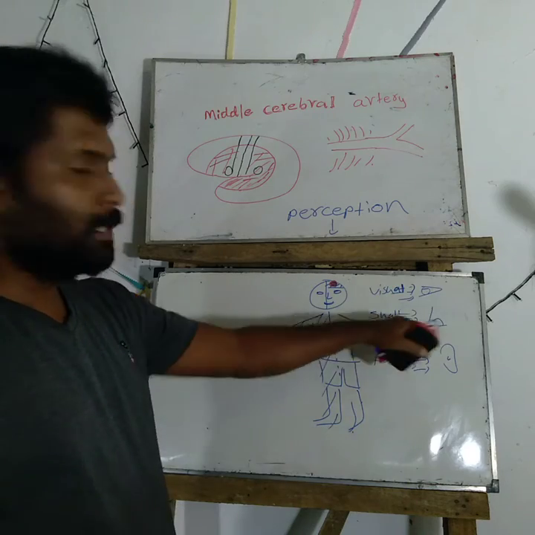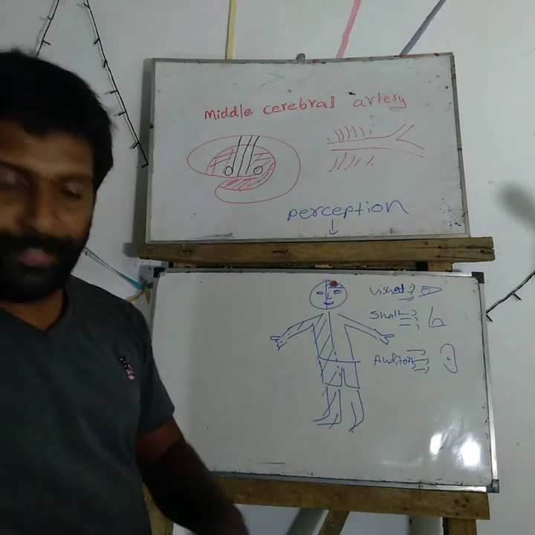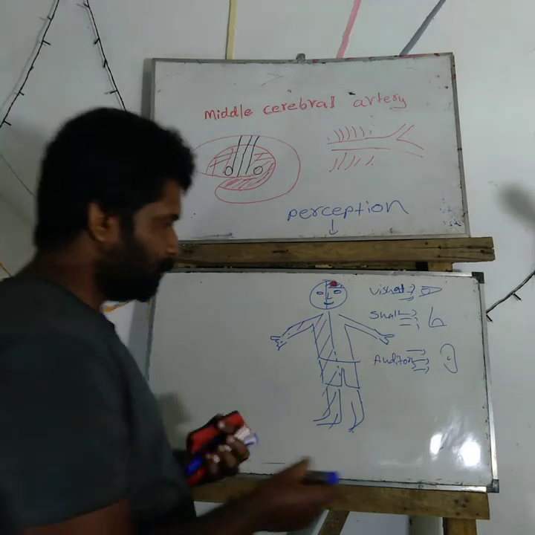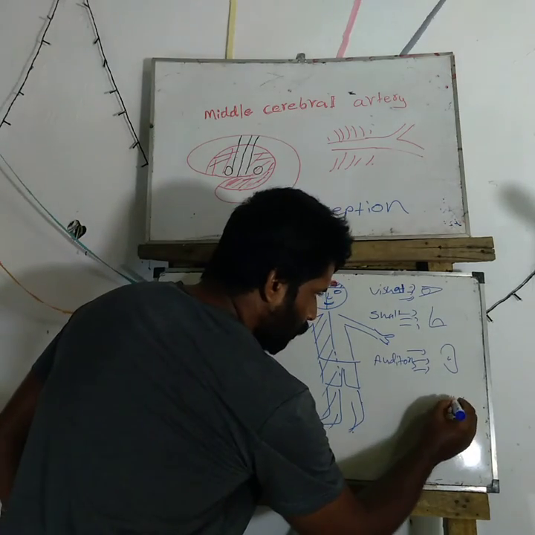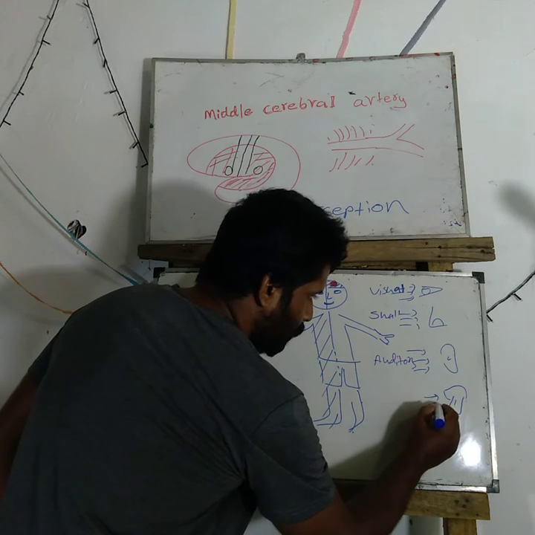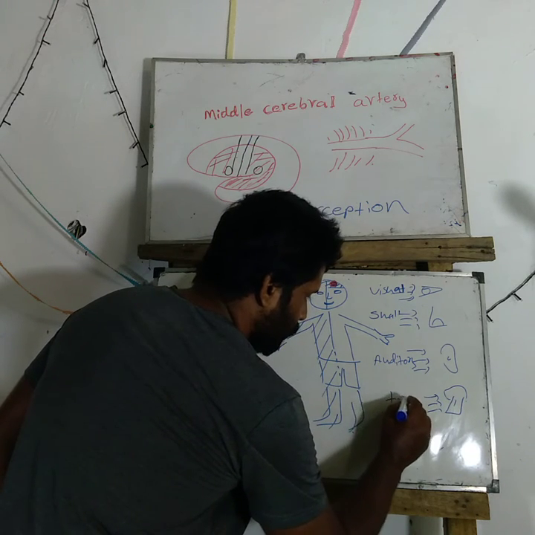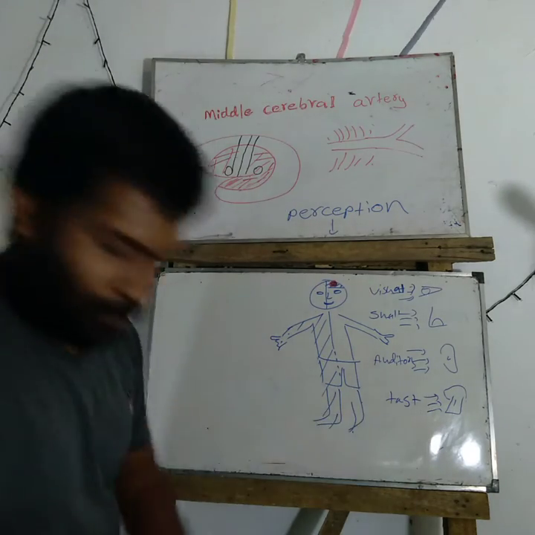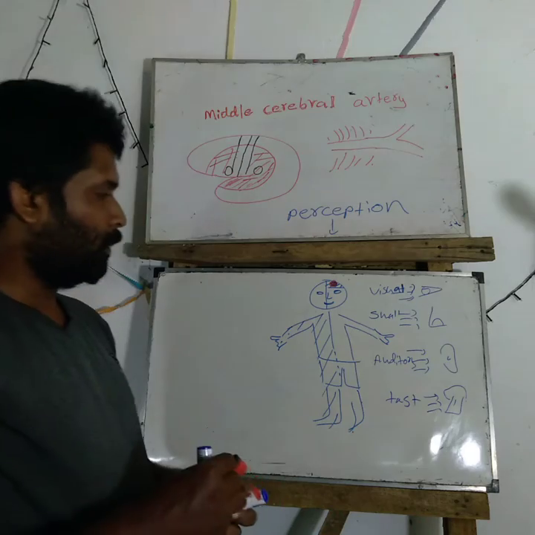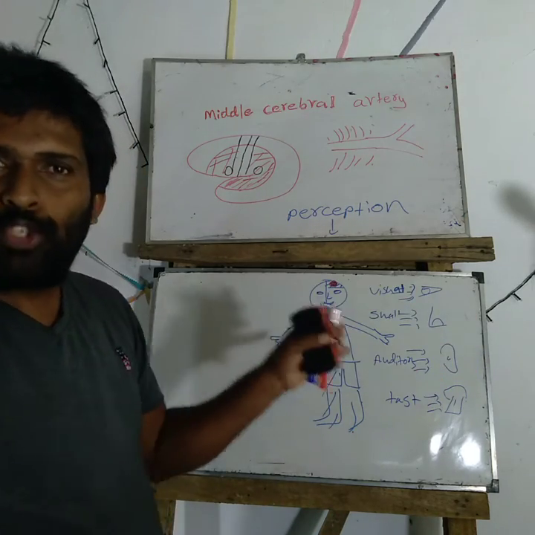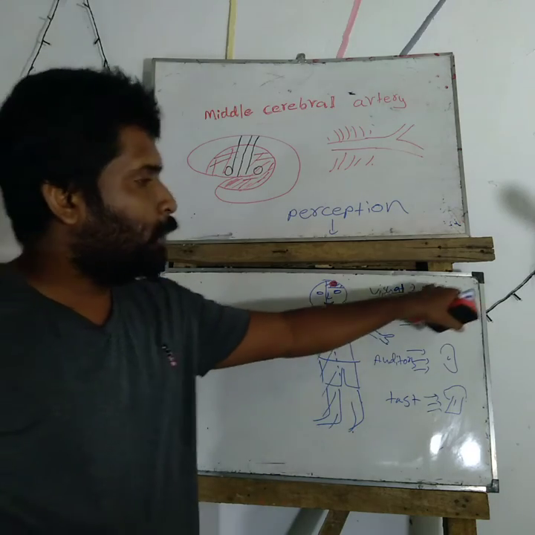Visual, smell, auditory stimulation. This is the taste. These are the perceptual absorption units of the body.